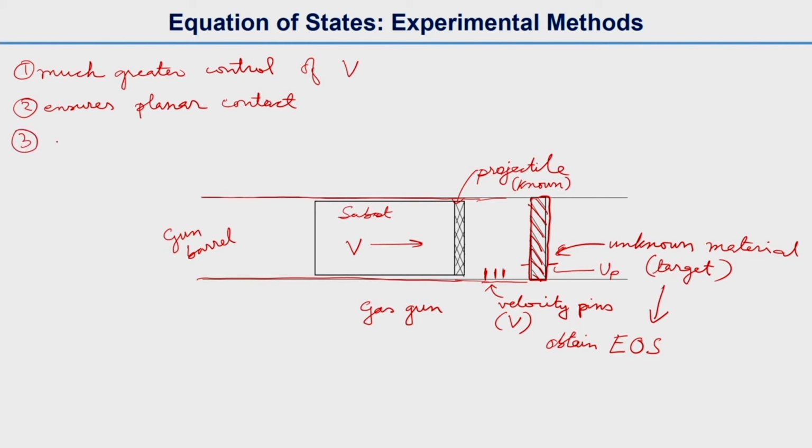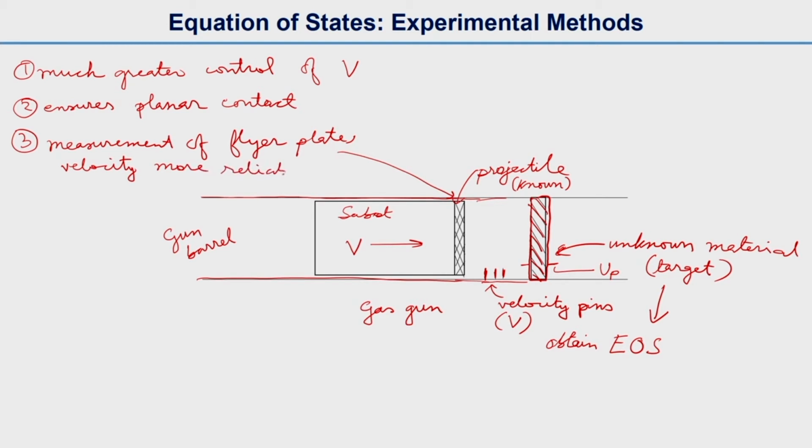And one more point is that measurement of the flyer plate velocity, the projectile velocity, is more reliable. So, basically we have control over this flyer plate velocity, and we can also measure it with greater reliability. So, that is 2 points.